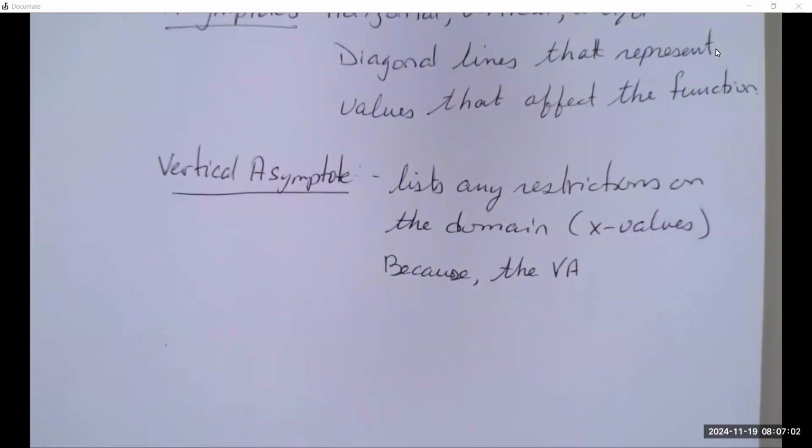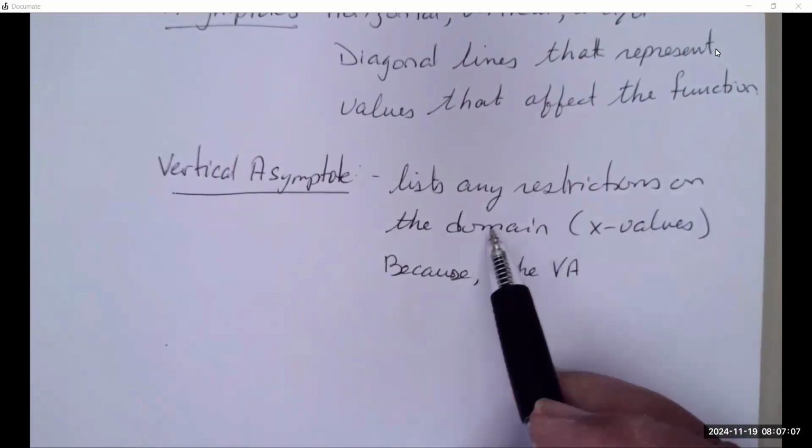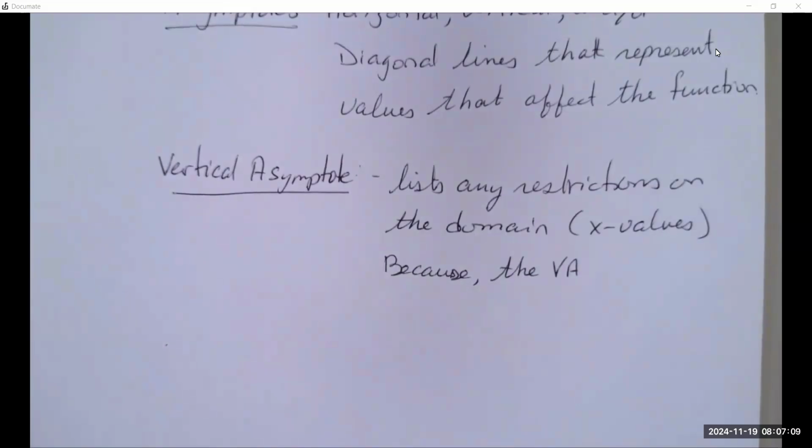Nope. Because remember, the vertical asymptotes are any restrictions. Solutions are not restrictions. The solutions are what you're looking for. So we can't use solutions in that one. How do you find the vertical asymptote?